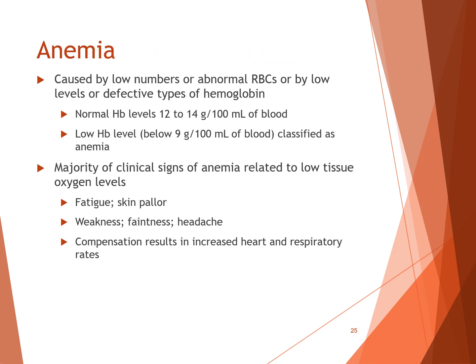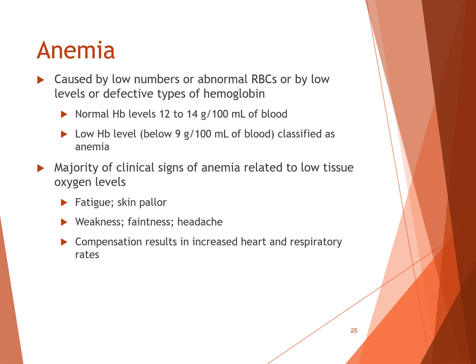Next, we're going to talk about some different types of anemia, but let's first define what anemia is. Anemia is a deficiency in the production of normal hemoglobin. Remember, hemoglobin is responsible for attracting oxygen to the red blood cell. So if we don't have efficient hemoglobin, then our tissues aren't going to be oxygenated efficiently.